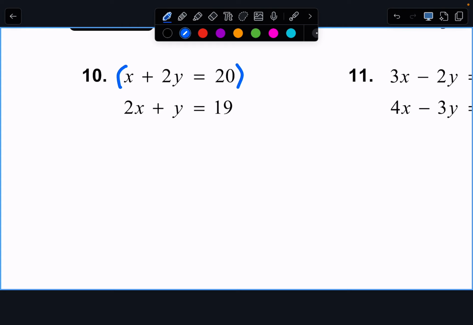Negative something. So right now, this coefficient is 2. What's the opposite of 2? So I need this to be a negative 2. Currently, it's what? Multiply by negative 2. So currently, it's 1. So we need to multiply that top equation by negative 2.